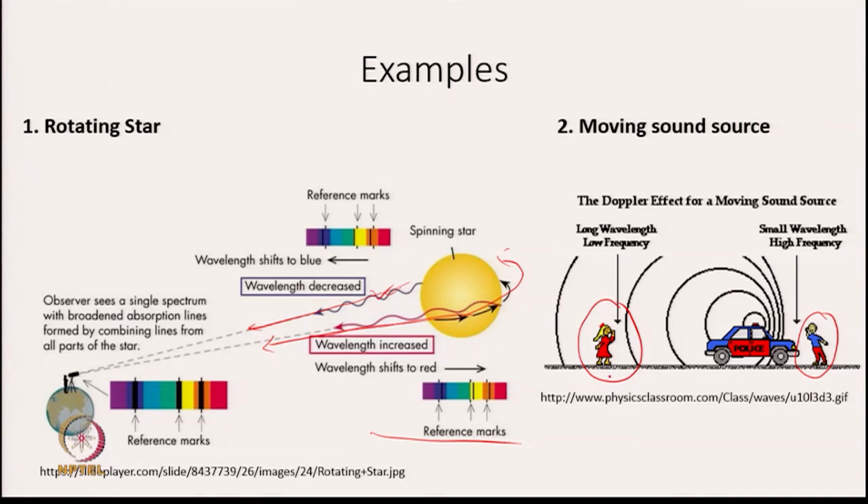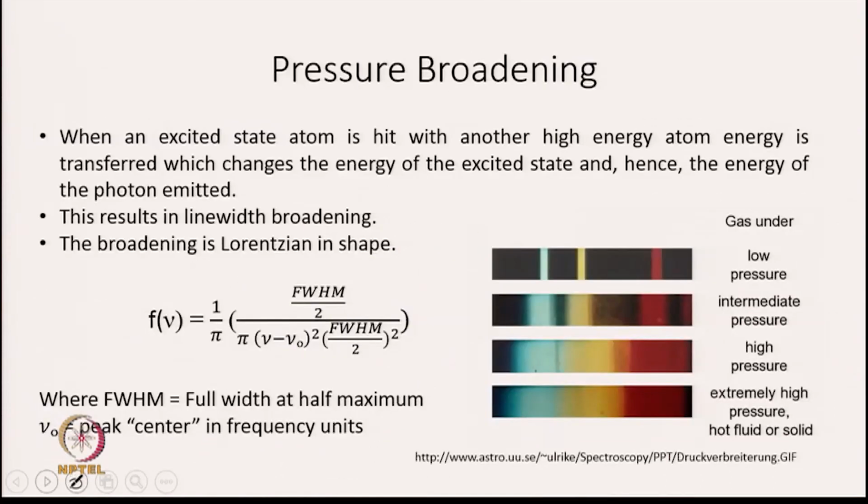This is because for this observer the source is moving away, whereas for this observer the car is moving towards the observer.